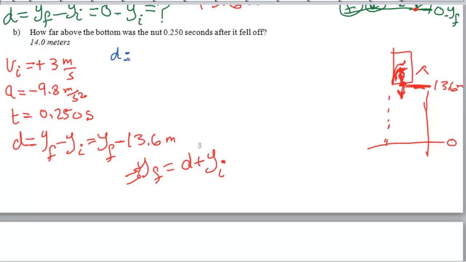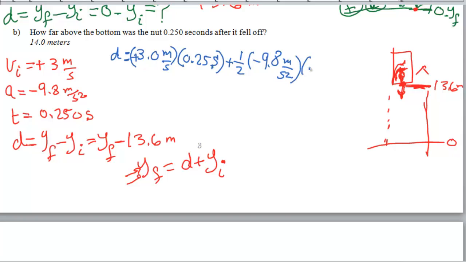Okay, so again, since we are not given v final, the final velocity, we have to use equation number 4. Displacement is equal to v initial times the time, and here v initial is still positive 3 meter per second. The time now is 0.25 second, plus 1/2 a t square, so it's times negative 9.8 meter per second square, times the time, which is 0.25 second all square.